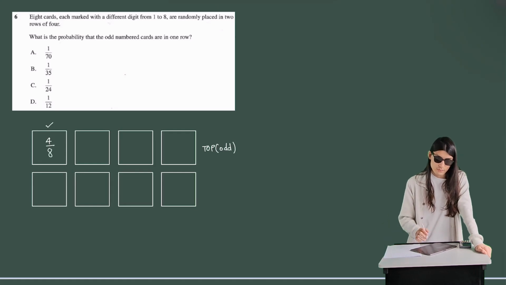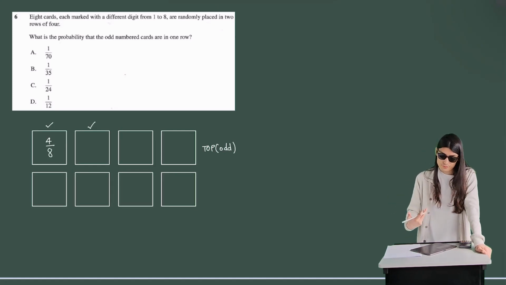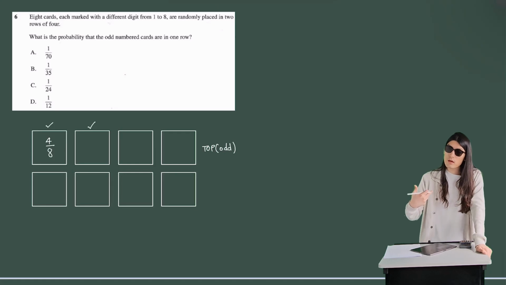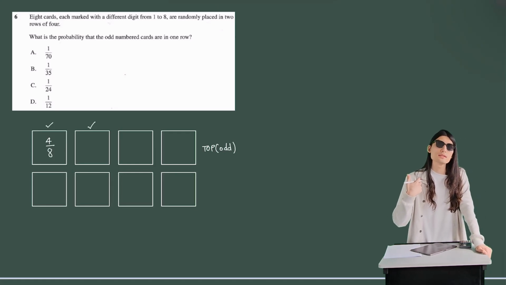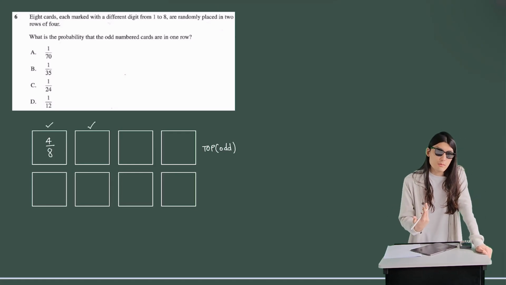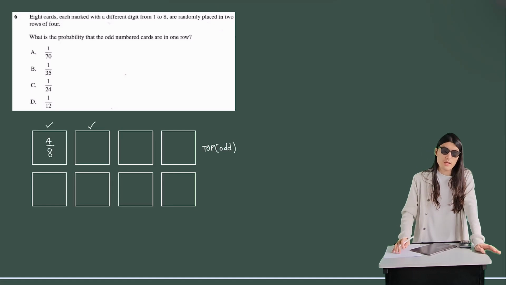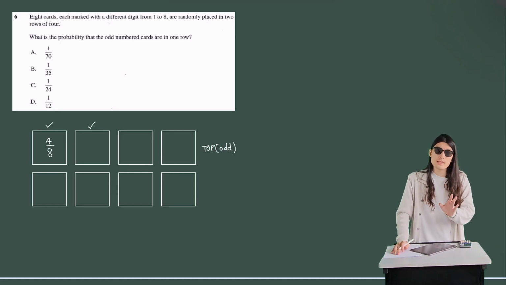Right? And then moving on to the second position over here, assuming that the first position has been taken by an odd-numbered card because we need it to be, according to the question, we now have 7 cards that any one can be randomly placed into that second position.